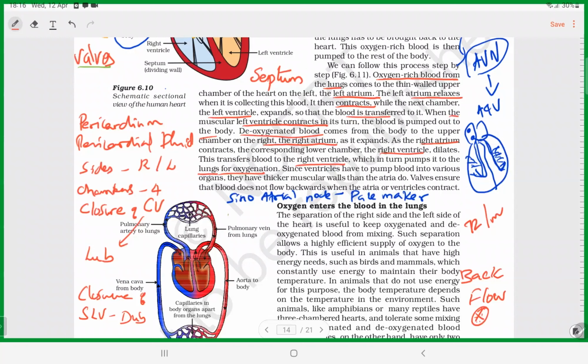So one cycle of heartbeat, the cardiac cycle, is 0.8 second. In that, atrial contraction is 0.3 second, ventricular contraction 0.5 second. Can you understand? Is it clear? Basic facts about heartbeat.